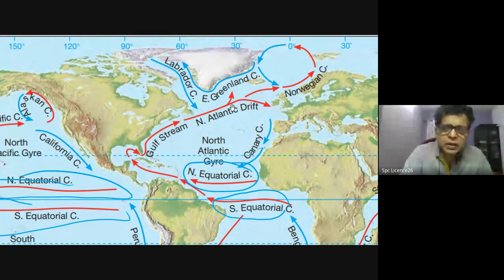The importance of the North Atlantic drift is these warm waters will keep these coastlines of the European continent free of very cold temperatures for a significant period of time.